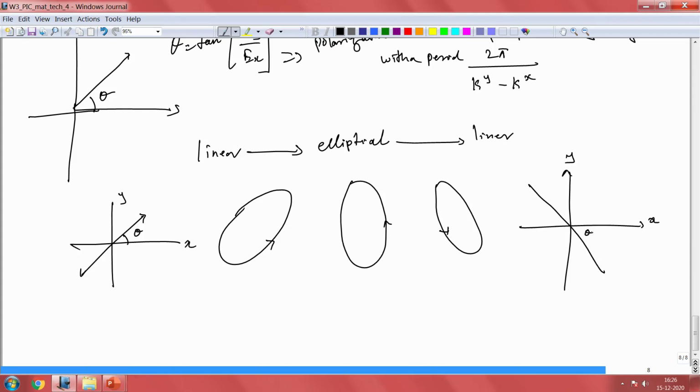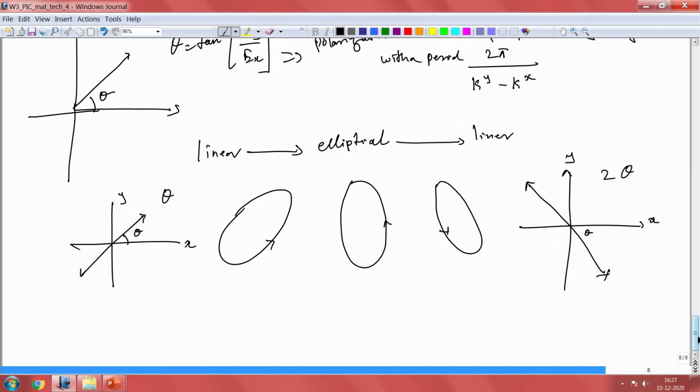So, what this would do is go from a linearly polarized to another linearly polarized, but it would have rotated from theta to 2 theta, okay. So, you can change or flip the plane of your linearly polarized light when you go through this anisotropic medium, right.